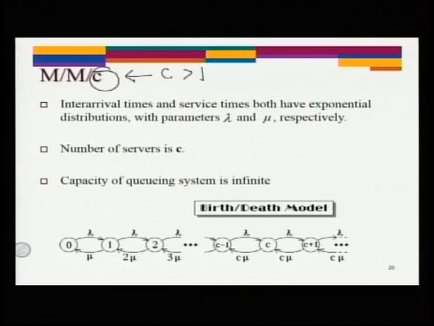So we have multiple servers in the M/M/C model. And of course, the capacity of the queuing system is infinity, right? And the rate diagram for the M/M/C queuing model is just like this.